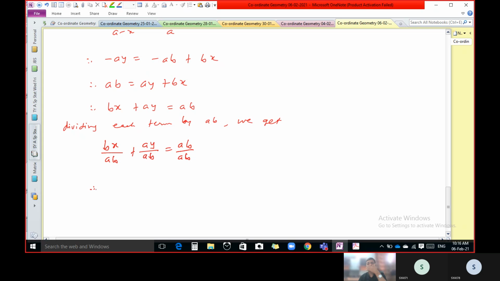Yes, therefore x upon a plus y upon b equal to 1, and this is the formula. So if we know the intercept on the x-axis and y-axis, we can use this. So let us start. Examples depend on this.